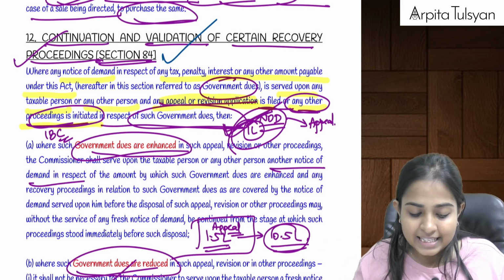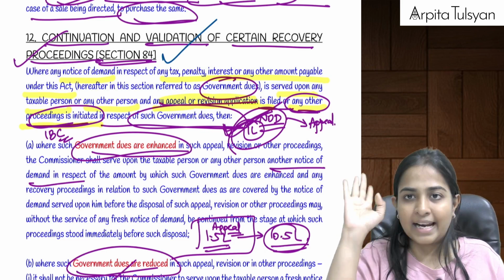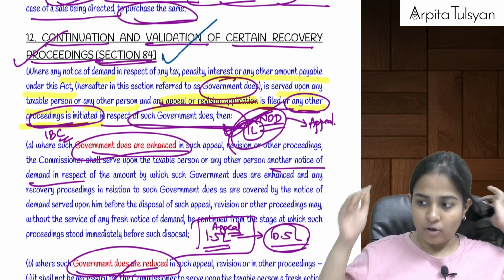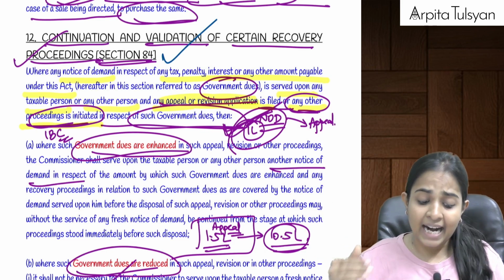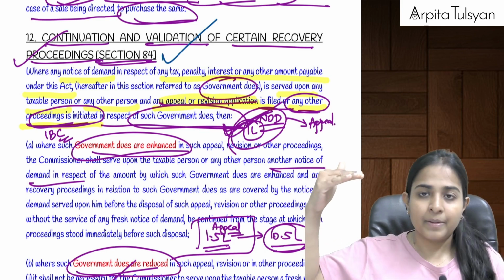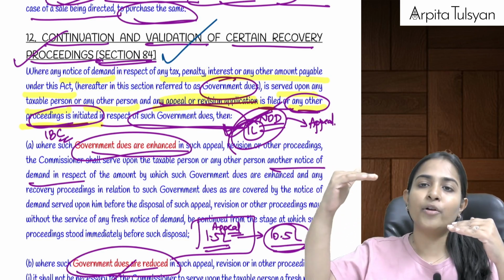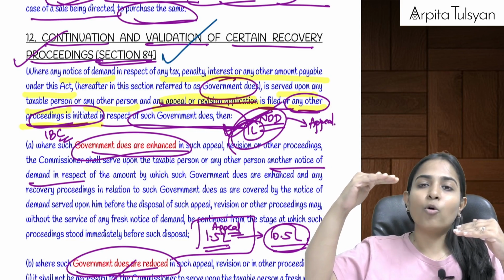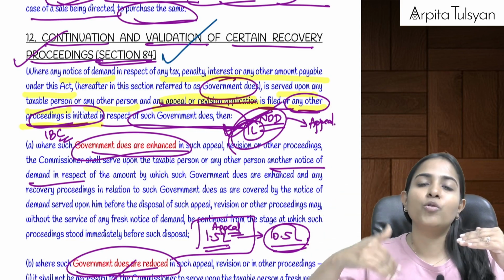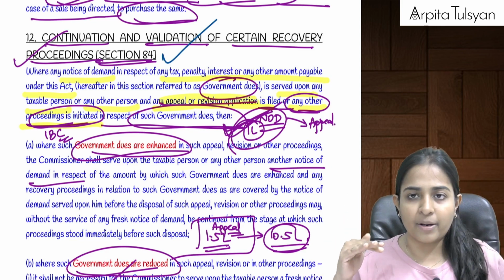Then in such a case, suppose this notice of demand was for 1 lakh rupees, for example. Later on the matter went for appeal or IBC proceedings started, and if the government dues were enhanced, the original notice of demand was for 1 lakh, later during appeal or during IBC this amount was enhanced, then they are telling that only for the differential amount issue a fresh notice of demand, otherwise continue the old recovery proceedings only.